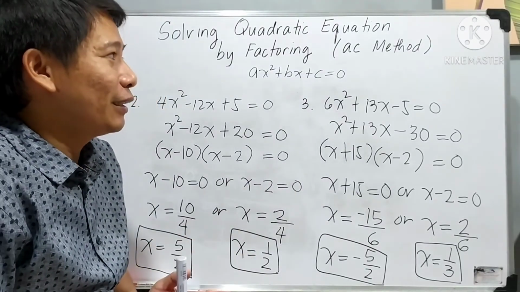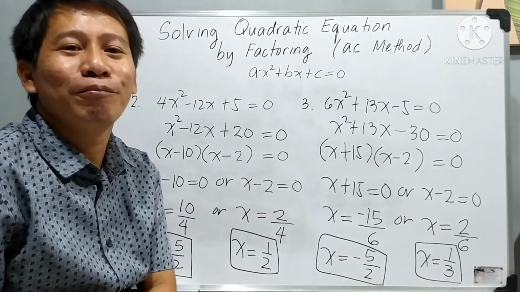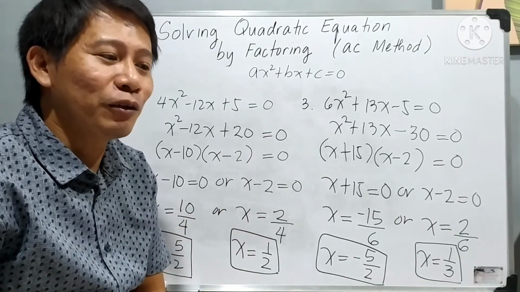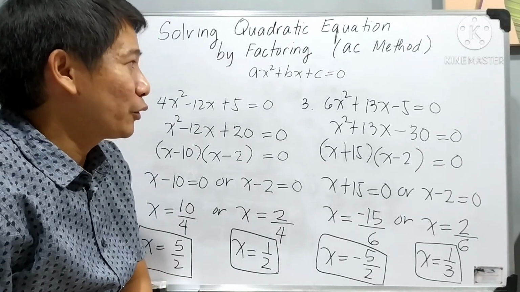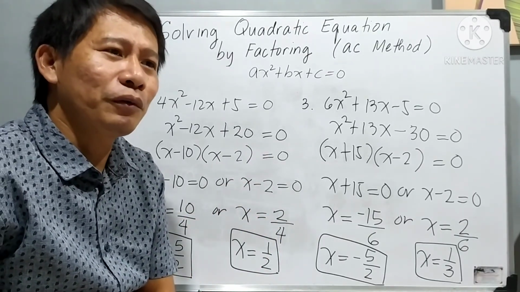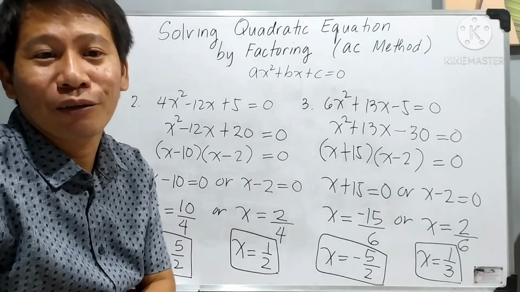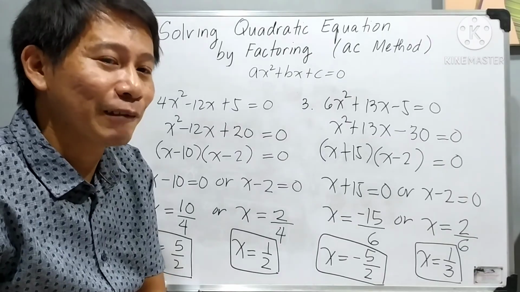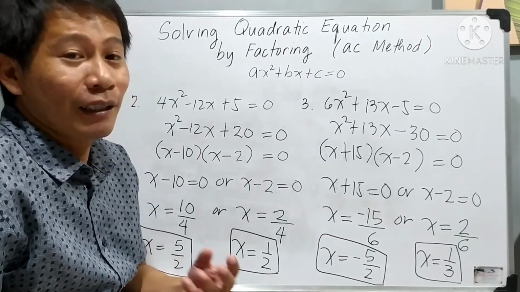So, yan po ay AC method. So, isa lang yan sa mga technique kung paano mapadali ang pagsosolve by factoring. Pero, meron pong disadvantage itong AC method. So, ano po ba ang disadvantage niya? Ito po.